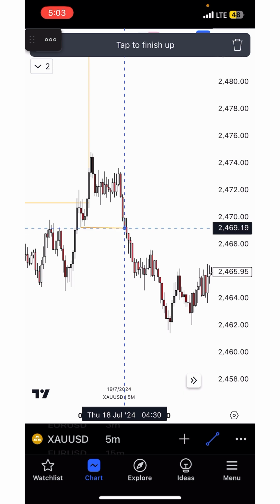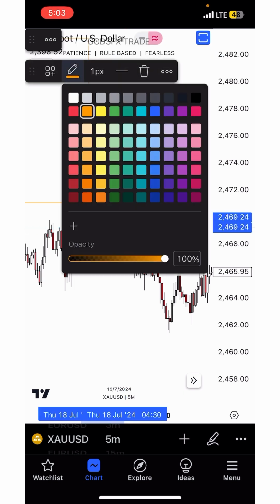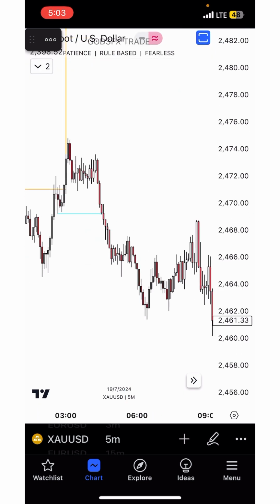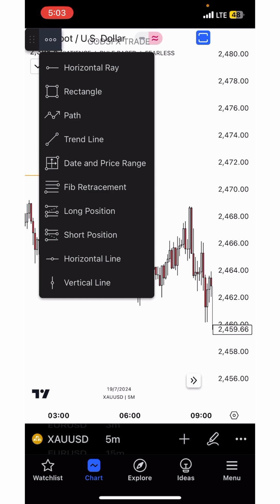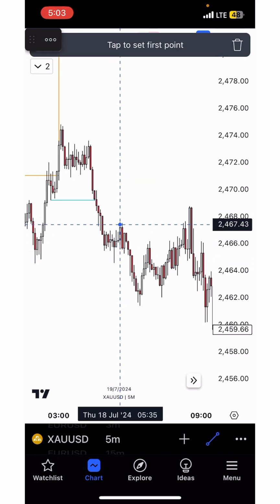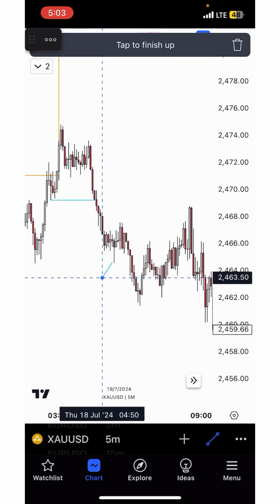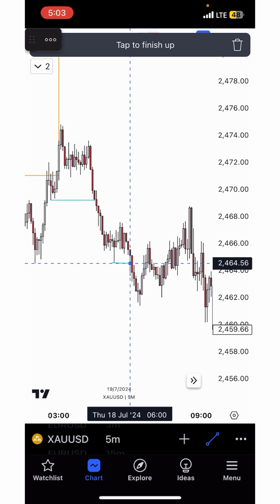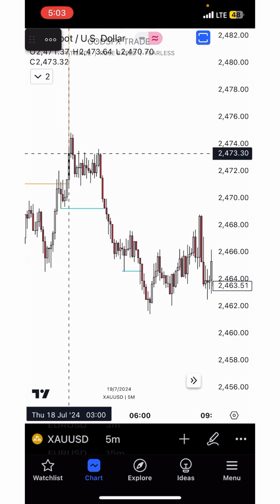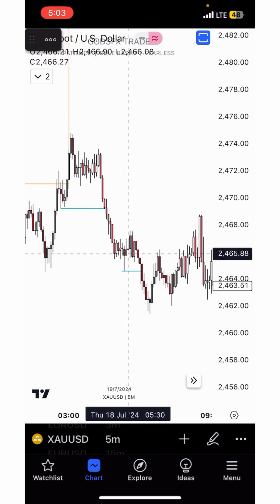The first break, which is the change of character, we use blue, and price made a retracement and broke again, which is the break of structure, which means that the trend has been confirmed on this lower time frame as bearish.